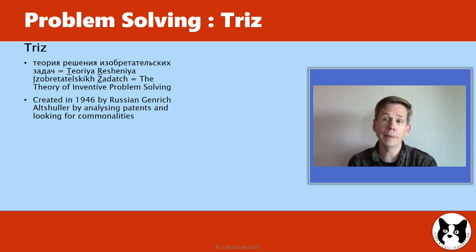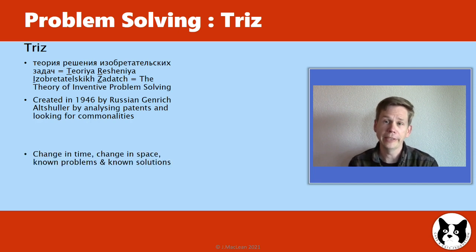It was created way back in 1946 by a gentleman analyzing lots of patents and looking for commonalities. His theory was that actually everything that's being solved has been solved in similar ways or using similar techniques before. So if you look at enough data on how things have been solved, you'll find a tool for everything.